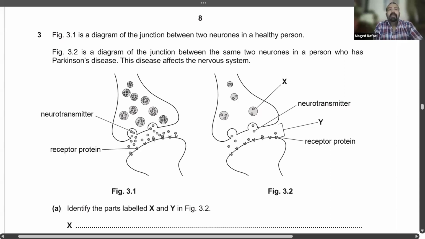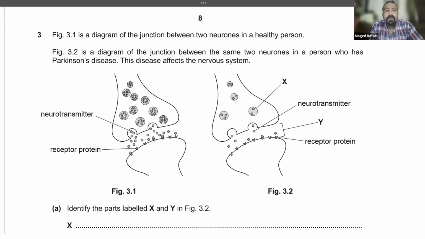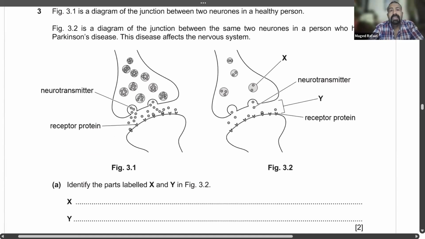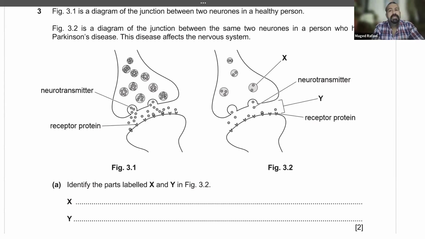Question 3. Figure 3.1 is a diagram of the junction between 2 neurons in a healthy person. And now, figure 3.2 is a diagram of the junction between the same 2 neurons in a person who has Parkinson's disease. And this disease affects the nervous system.